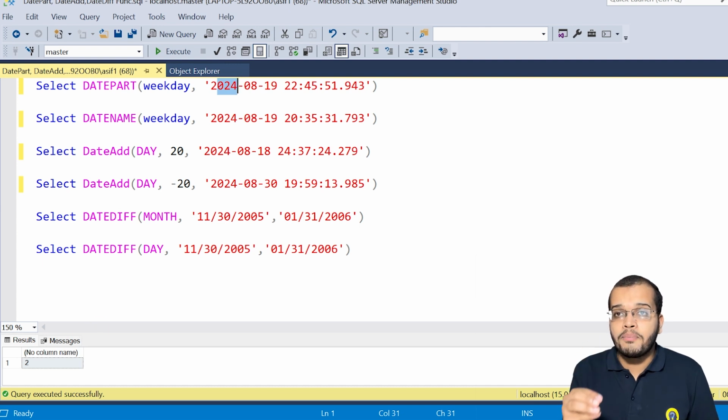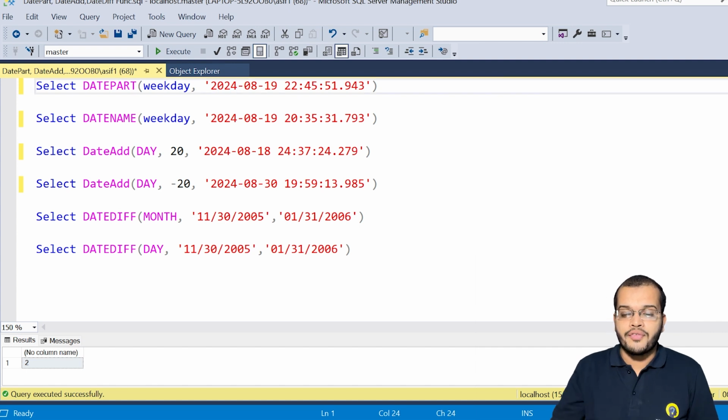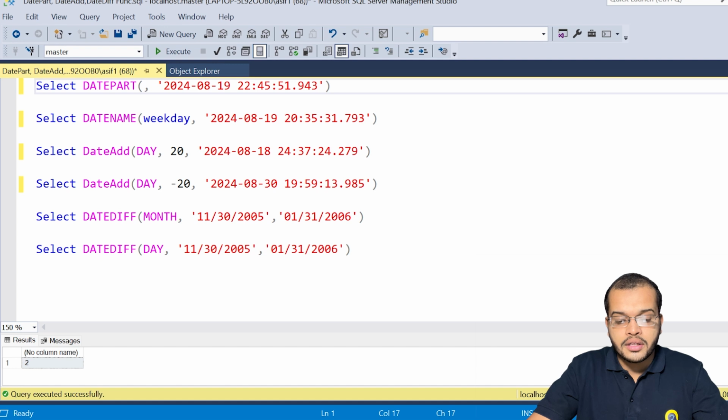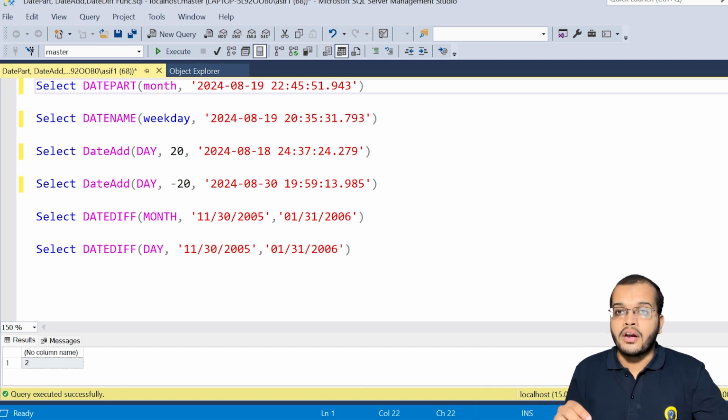Now in the same place, if I change the interval, for example, if I remove this weekday and write month, and execute it, we can see that we have got the month from this date.